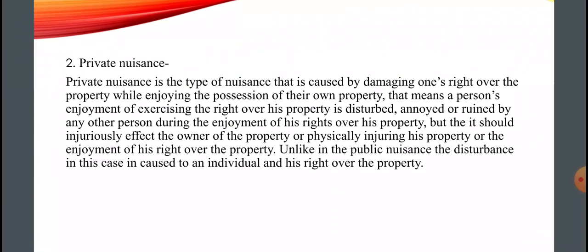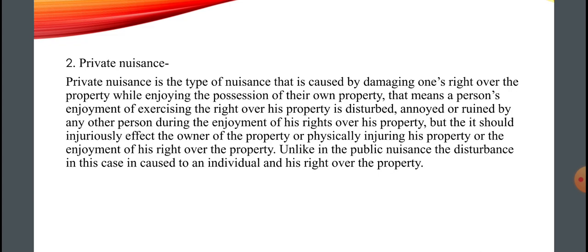The second type of nuisance is private nuisance. Private nuisance is the type of nuisance that is caused by damaging one's right over the property while enjoying the possession of their own property. That means a person's enjoyment of exercising the right over his property is disturbed, annoyed, or ruined by any other person during the enjoyment of his rights over his property.